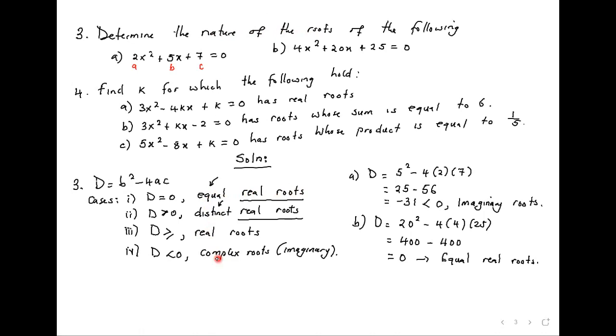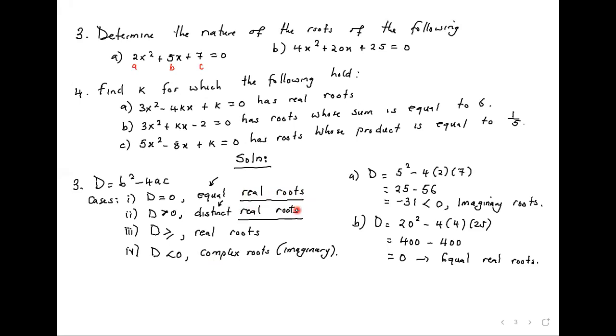Okay, I understand. Now we're on 4. Find k for which the following holds. The first one is 3x squared minus 4kx plus k has real roots. Are they equal? Are they distinct? We don't know.